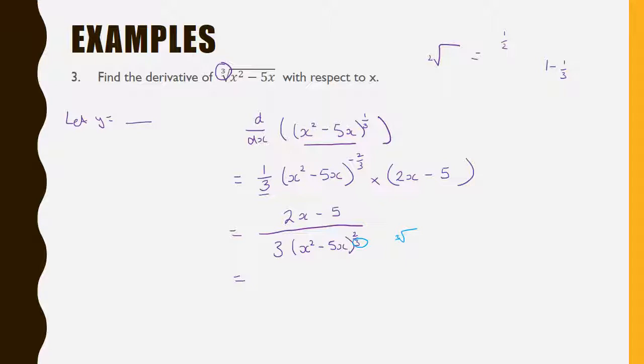So it is also fine to continue on and write your answer as 2x minus 5 over 3 lots of the cube root. You just need to be very careful about the difference between the 3 as a constant that's been multiplied and the 3 as a cube root of x squared minus 5x, and this is all still to the power of 2. Either answer is acceptable. You can leave it like this, that's fine, or in this option as well.